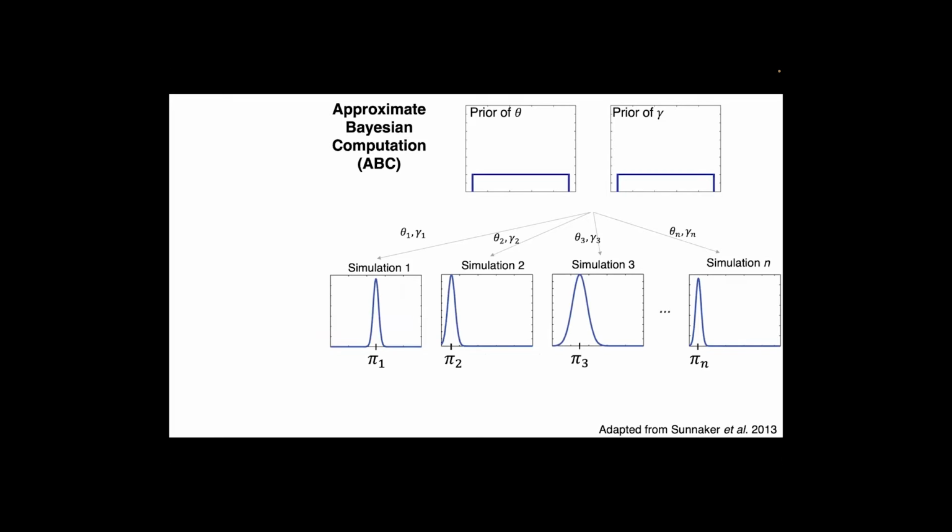One of the ways that we can make inferences from these natural populations is by using Bayesian methods, which we call approximate Bayesian computation. For instance, if you want to make inferences about two parameters, theta and gamma, from a natural population, you'd have a prior on these parameters, a wide prior that you don't know much about.